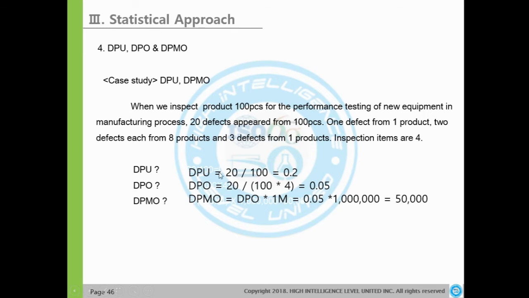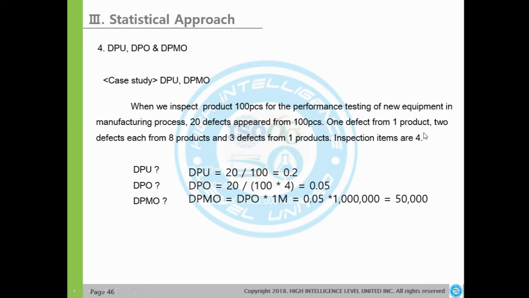So how do we calculate DPU? Units are 100 here. Defects here. Defects per unit, DPU, is 0.2. DPO is defects divided by opportunities.